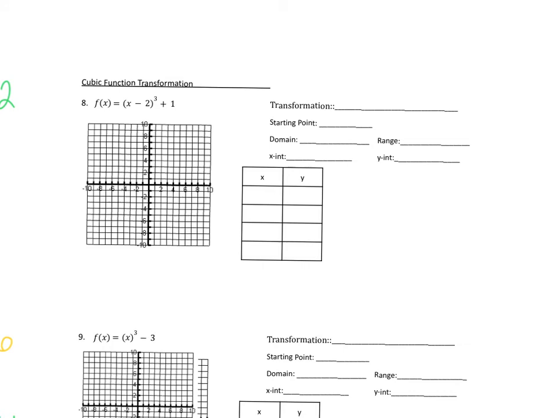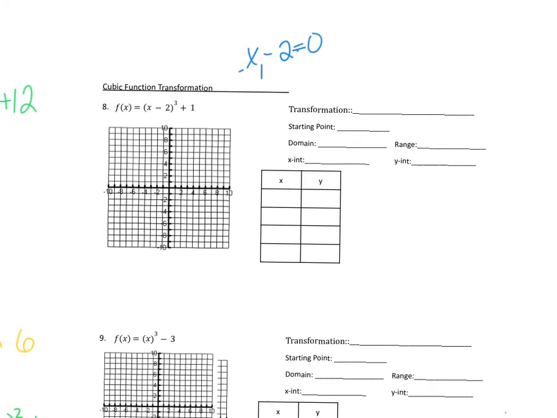I am going to do x minus 2 equals 0, add 2, so my starting point is going to be 2, 1, which means I'm going to go right 2 and up 1. So right 2 and up 1.